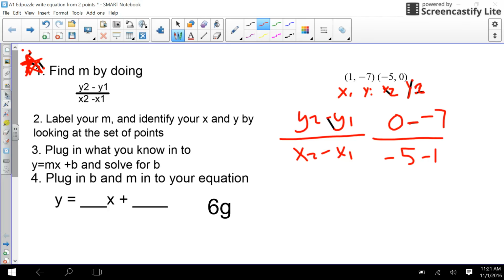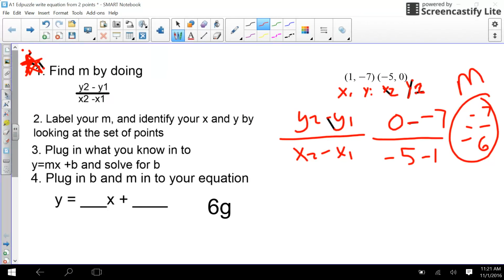All right, so I'm going to type in my calculator, alpha y equals enter 0 minus negative 7 over negative 5 minus 1. And I get negative 7 over 6. This is my m, okay?